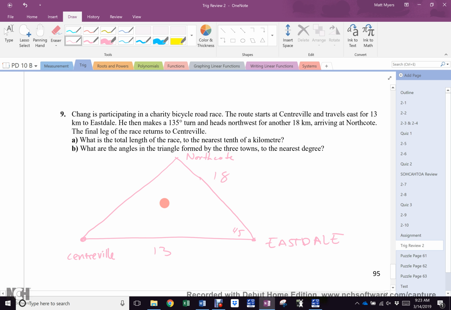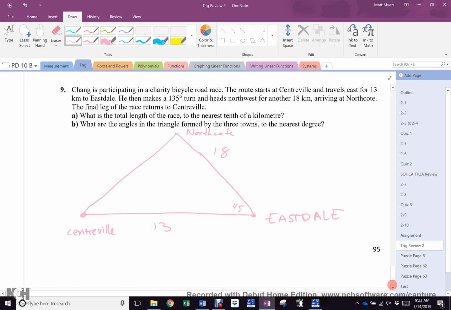This is a cosine law situation. I want to know the total length, so I need this last one. That is C. C squared, well, let's do it all in one step. C equals the root of 13 squared plus 18 squared minus 2 times 13 times 18 times cos 45. And when you do that on your calculator, you get an interesting answer.